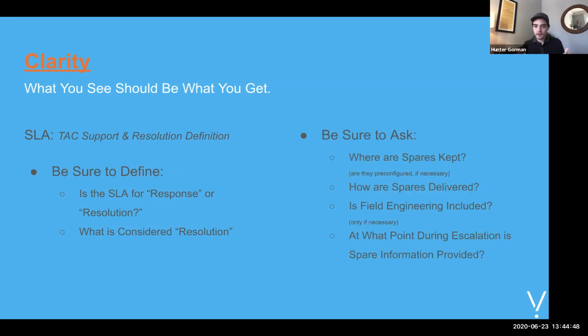So a couple of things that we like to make sure that our customers are asking us, and also that we like to define at the onset, whenever we know that customers are shopping around: where are the actual spares kept, how are they delivered, is there engineering available for that delivery, and then at what point during that escalation can I expect to learn about the gear that's coming to me? Is it configured? Is it ready to go?